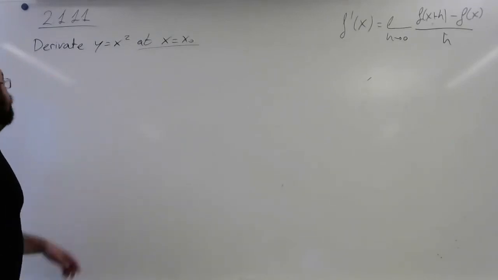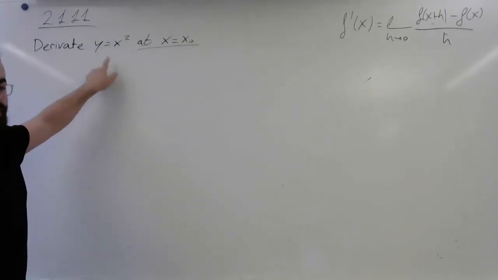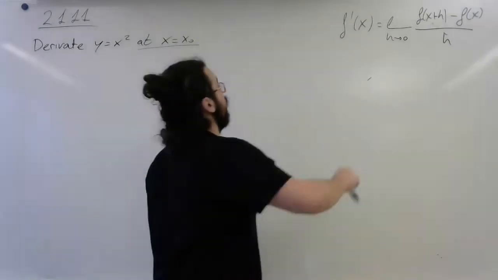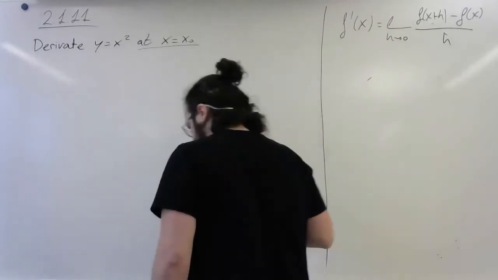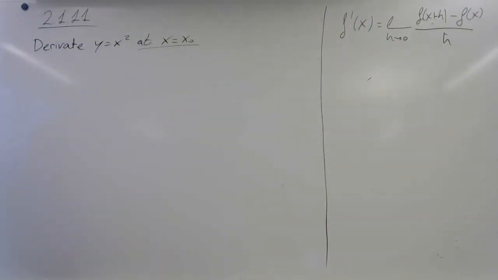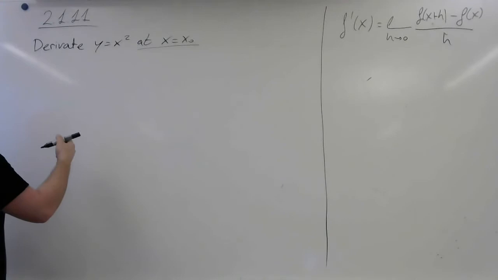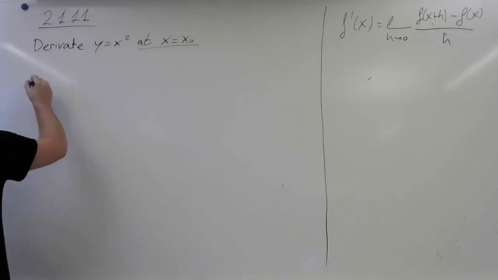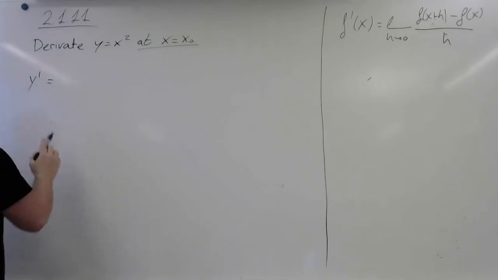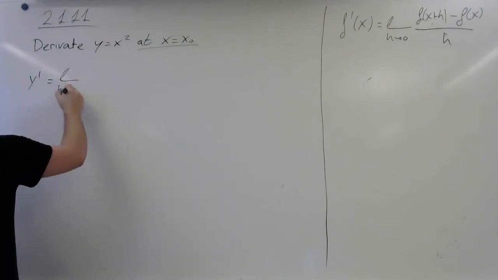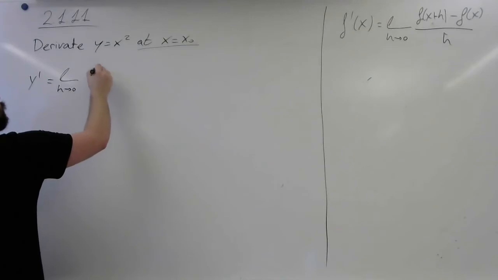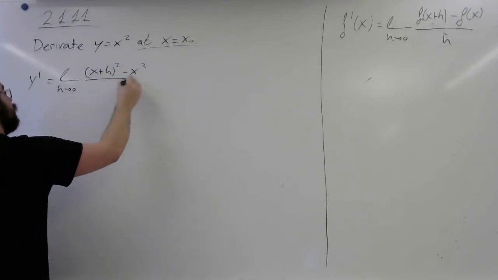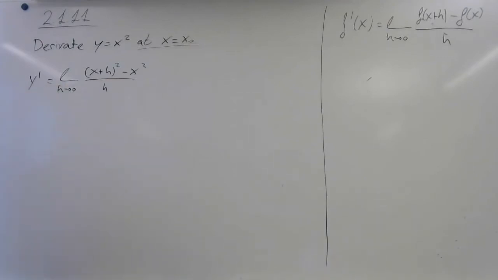So what we are going to do is we're going to differentiate the function x squared, and then we're going to evaluate it. Here I'm going to give you a table with some common derivatives. And so let's see. I mean, what can go wrong if we try to differentiate this, right? Derivative of y is the limit when h tends to 0 of (x plus h) squared minus x squared divided by h.